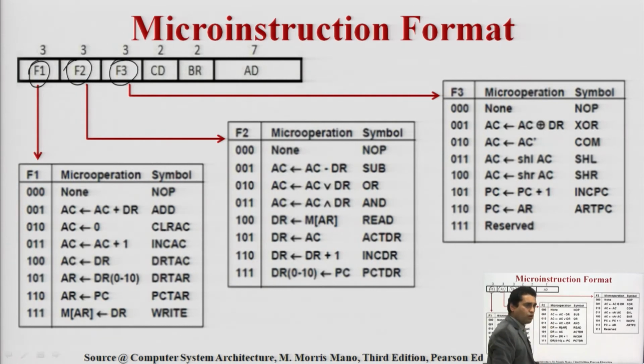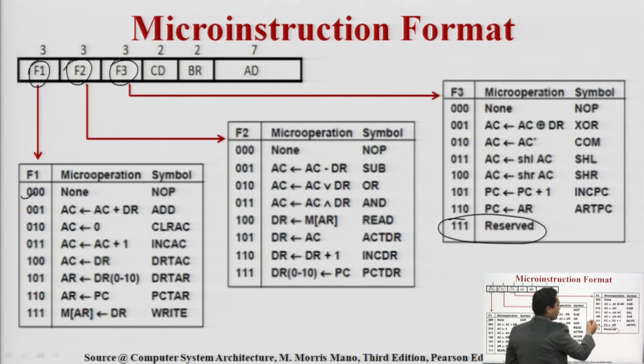Here the first one, 0 0 0, is null, meaning we can't perform any task, and the remaining are 7 in F1, 7 in F2 and 6 in F3. The last one, 1 1 1, this combination is reserved. So in total we have 7 plus 7 plus 6 operations, so 20 operations we can use here.